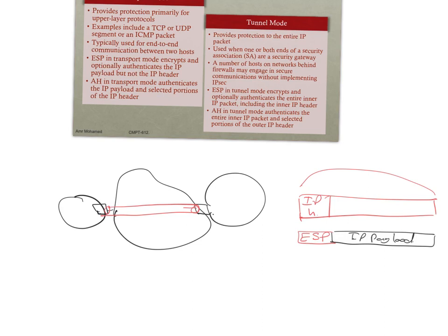We talked about ESP and AH last time. So we said that IP security comes with two components: the encapsulating security payload and the authentication header protocol. Authentication header, or AH, provides the authentication part, right? And we said that in IPsec version 1, we had those two components separate.